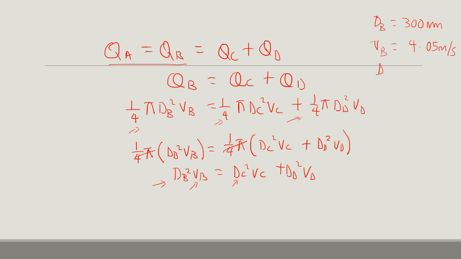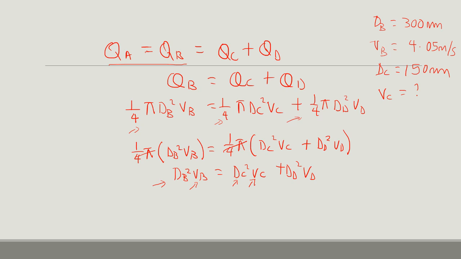DC is equal to 150 millimeters. Let me write that, 150 millimeters. Do we know VC? No, it is not given in the question. So VC, we have a question mark, it is unknown.